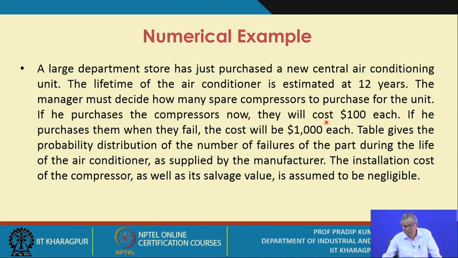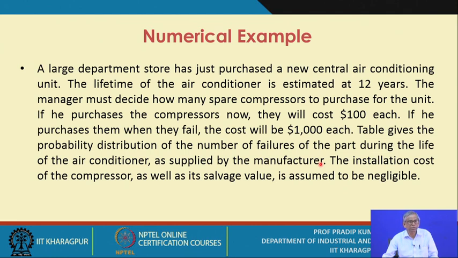They will cost $100 each. If he purchases them when they fail, the cost will be $1,000 each. The table gives the probability distributions of the number of failures of the part during the life of the air conditioner as supplied by the manufacturer.